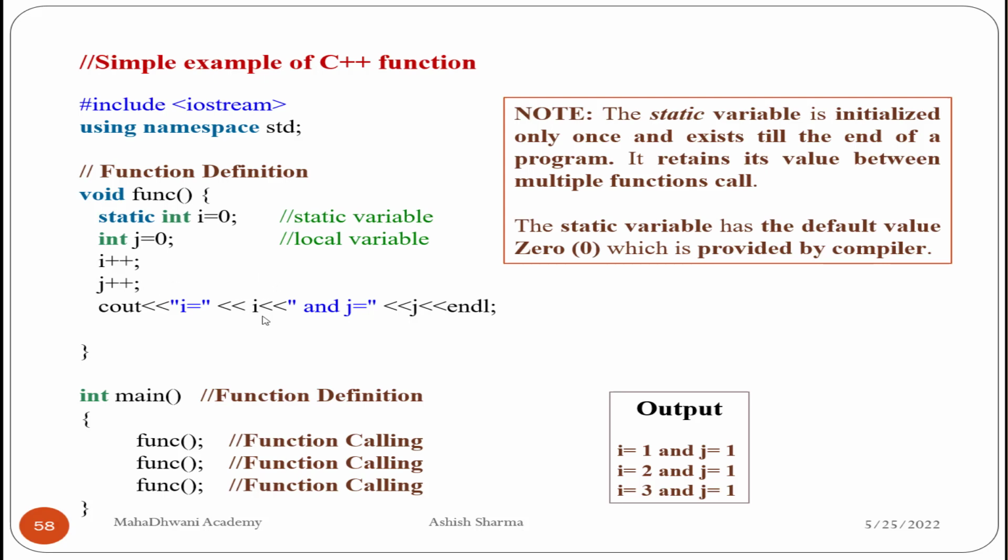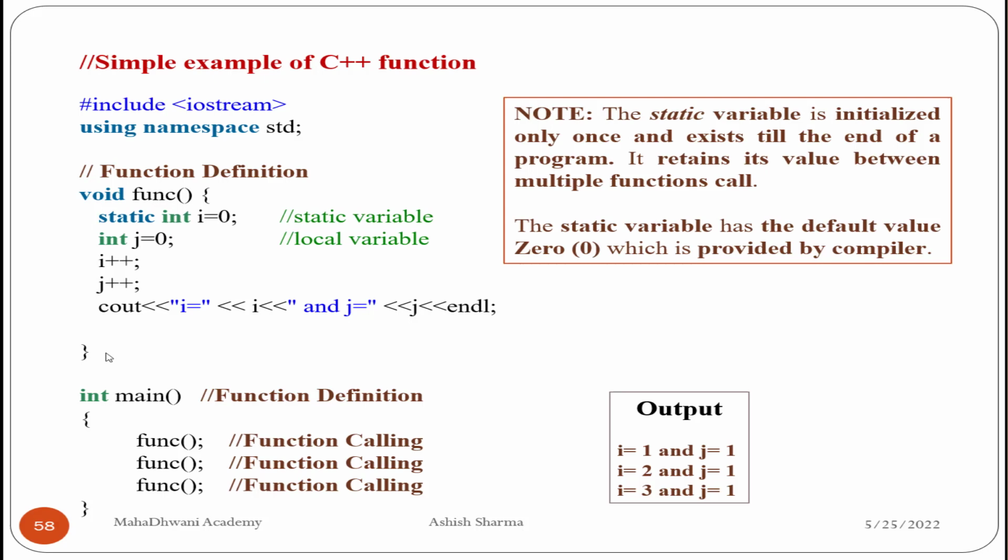So we will see in the output section that the i value becomes 2 and the j value becomes 1. It depends on the retention power of the variable. This retention power comes through the static keyword.